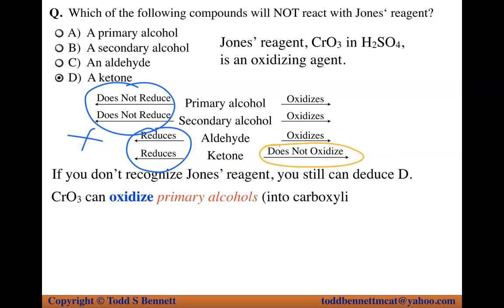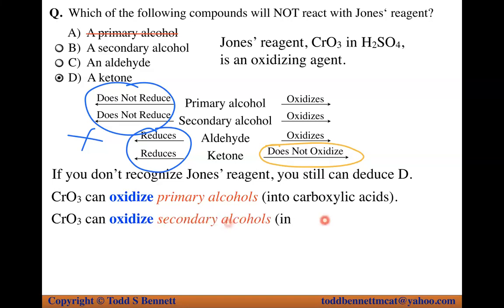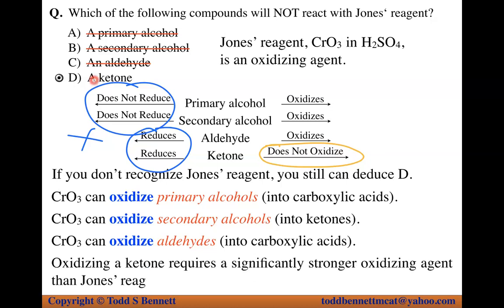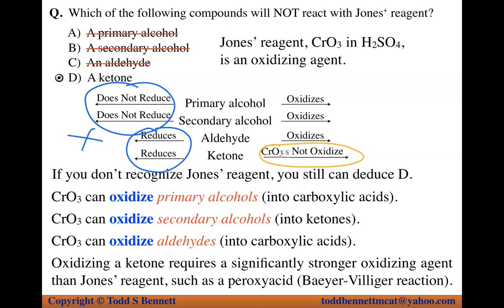So primary alcohols can be oxidized into carboxylic acids. Secondary alcohols can be oxidized into ketones. Aldehydes can be oxidized into carboxylic acids, but ketones cannot be oxidized, so the best answer is choice D.